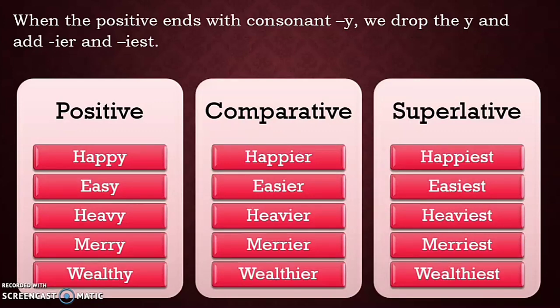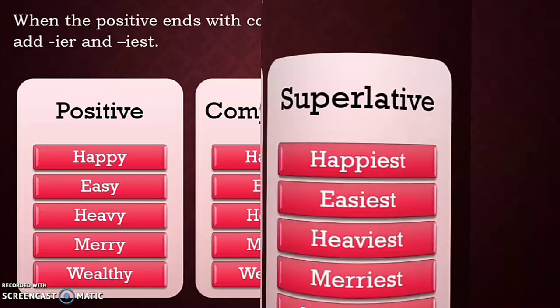Here, from positive to comparative, Y is replaced by IER, and from positive to superlative, Y is replaced by IEST. Other examples such as easy, easier, easiest, heavy, heavier, heaviest, merry, merrier, merriest, wealthy, wealthier, wealthiest.